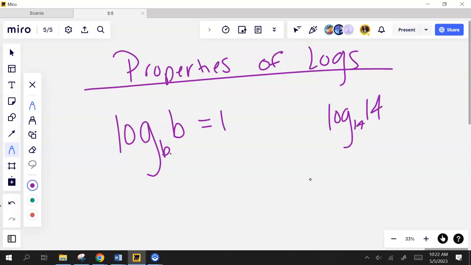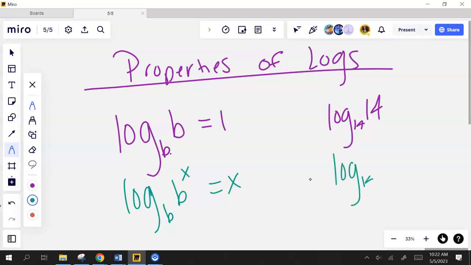Now just to piggyback on that a little bit, if there's an exponent here, and if you want to write this under, you're certainly welcome to. The log base b of b to an exponent x here would be x. In other words, if this was log base 14 of 14 to the third, what would that equal? 3. They essentially just cancel each other out.